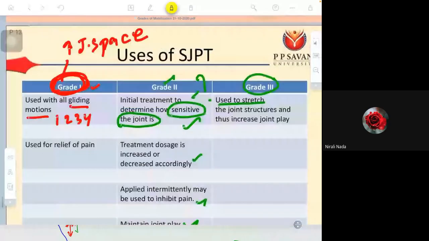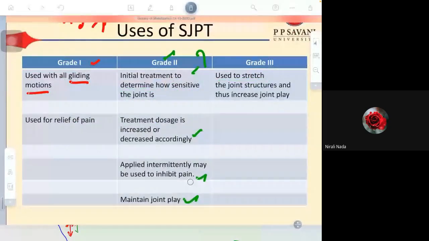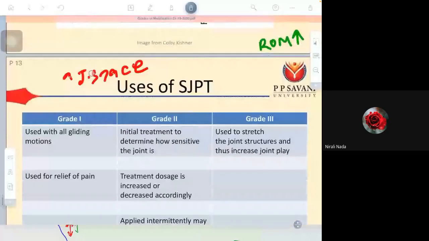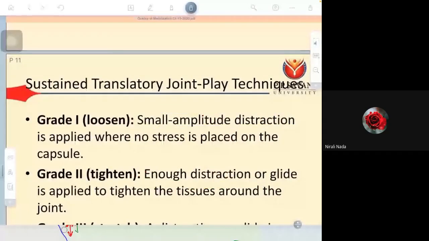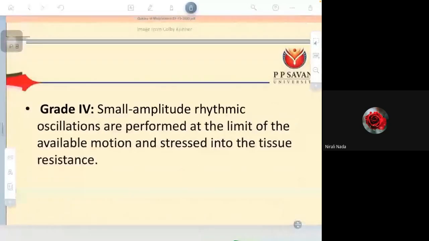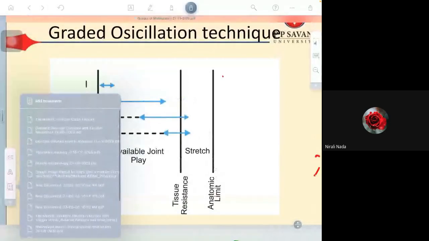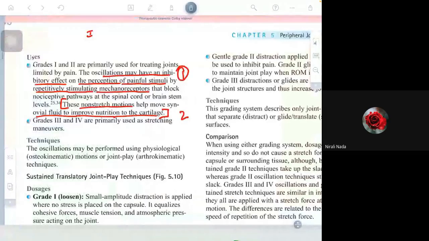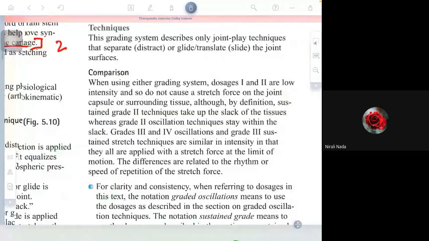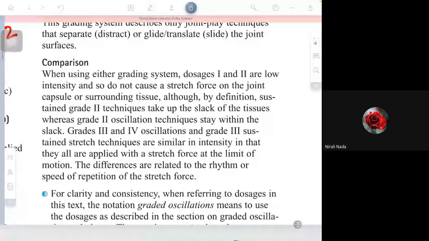Okay, comparison, I think we will discuss next class. Okay, I'll make it short. I think comparison is given in your book. Okay, I had not made a PPT, you just listen.